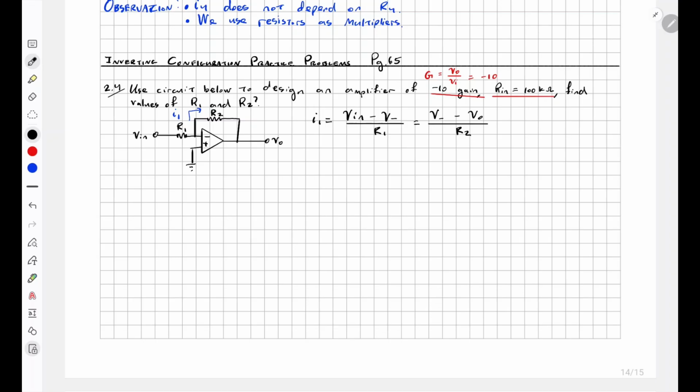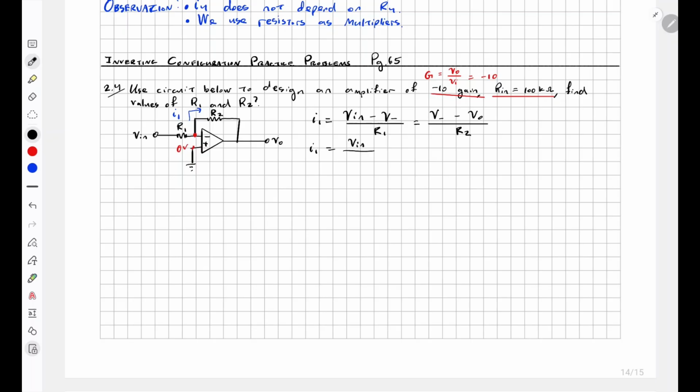Now, another aspect of the ideal op-amp is that there is a virtual short circuit between the two input terminals. So here is 0 volts, and because of the virtual short circuit, V minus is also 0 volts. So we replace V minus with 0.